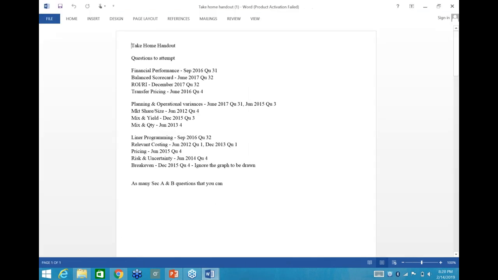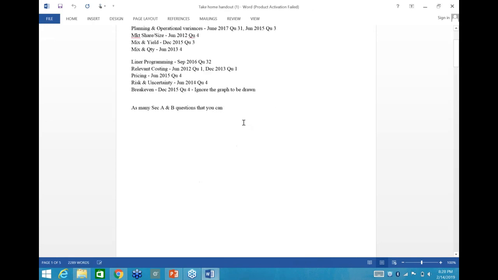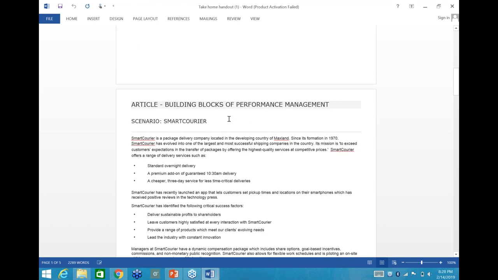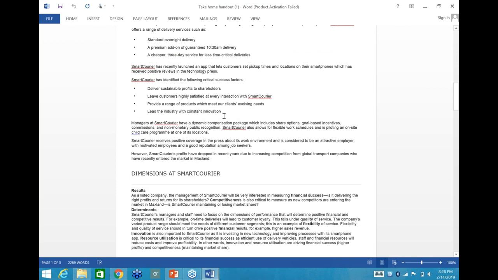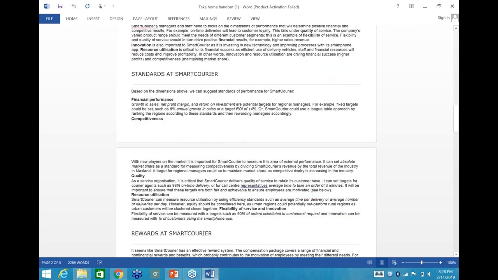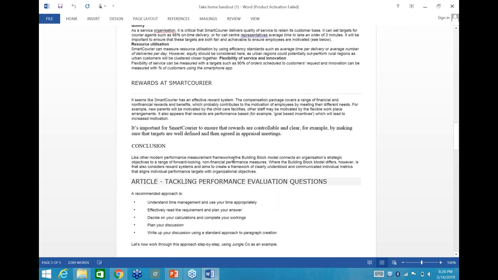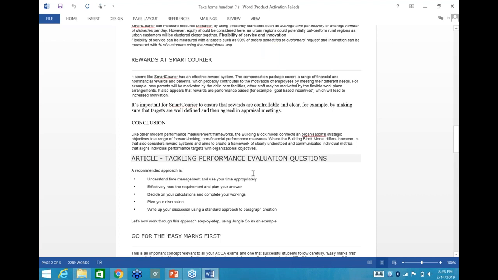Let's say you're studying and you want to do some linear programming question. There you go. In addition, this is from that article of the building block model which I was talking to you about. They talk about how to take a question, so it's actually worthwhile going through it.